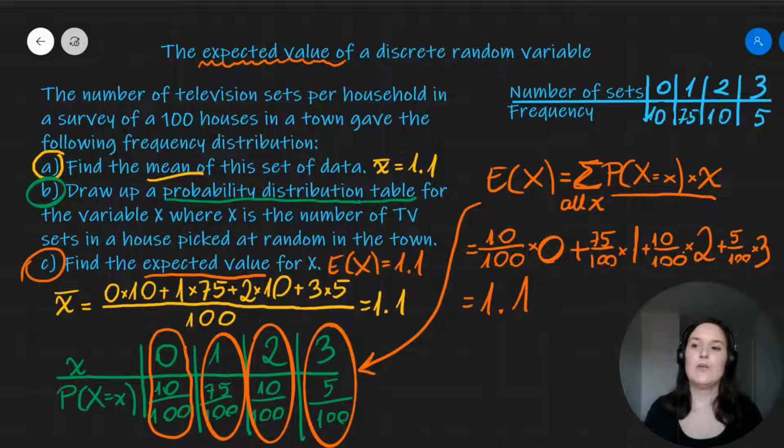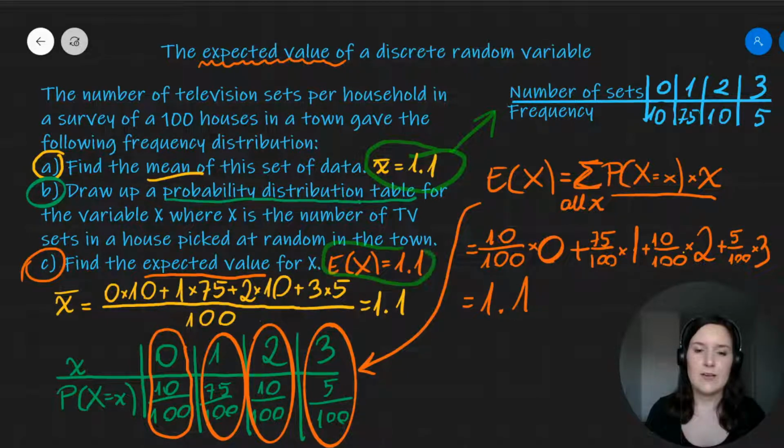So when we calculated the mean, it was practical. I had a frequency table, and based on my data, based on my results, I could find the mean result. Expected value is theoretical, hypothetical. I have the probabilities, so I expect my mean to be 1.1.